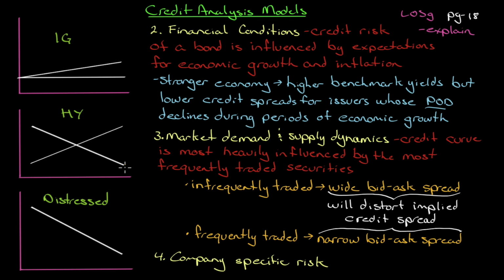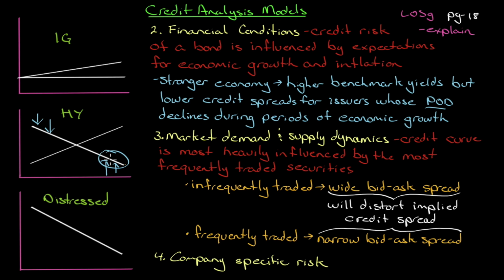So you end up with a downward sloping term structure of credit spreads. And this is just saying it appears that there is a higher credit spread for earlier maturities and a lower credit spread for later maturities, reflecting the fact that by the time we get here, things will be a lot better.